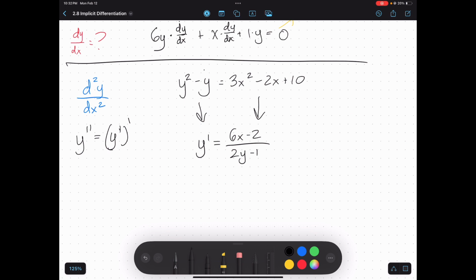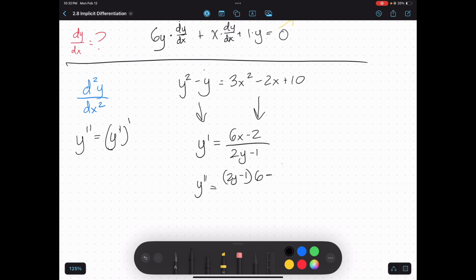Okay, so when I take the derivative again, since this already is isolated to where it's just y prime, that left side is just going to become y double prime. And I can just focus on this right side. How am I going to take the derivative of this right side? Well, that requires quotient rule. So I'll use quotient rule to tackle this derivative. I get 2y minus 1 times, right, bottom times the derivative of the top. The top is all in terms of x, so my derivative here is just 6.